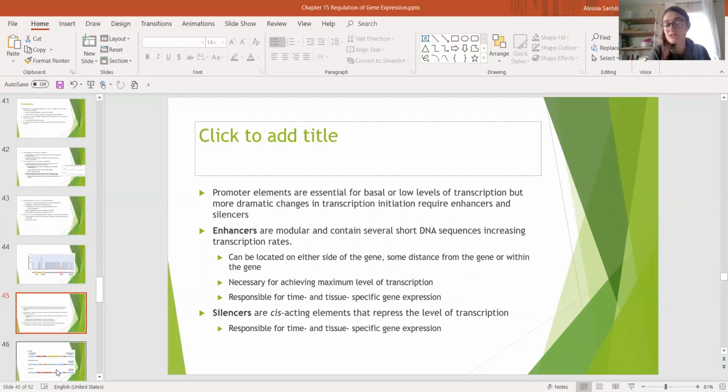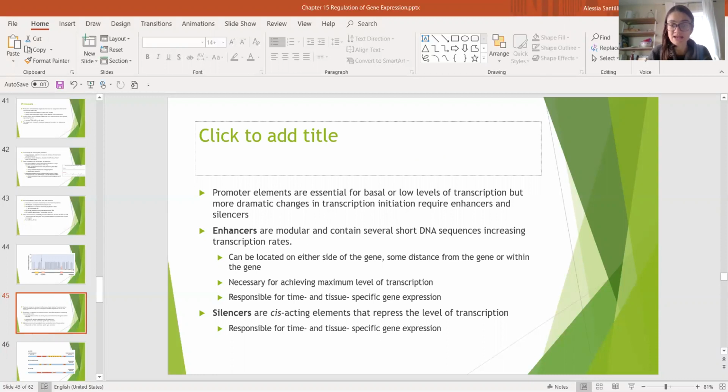But then we have other DNA elements that really amp things up, or even completely inhibit and really shut down the actual gene. So these more dramatic changes are basically carried out by elements known as enhancers or silencers.